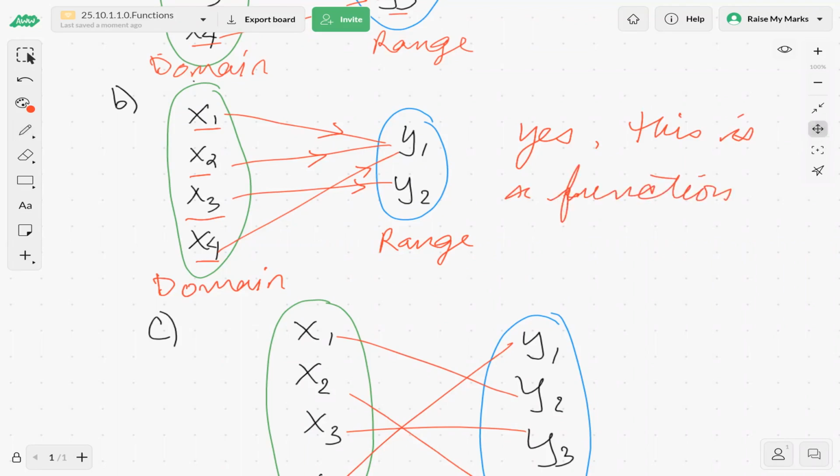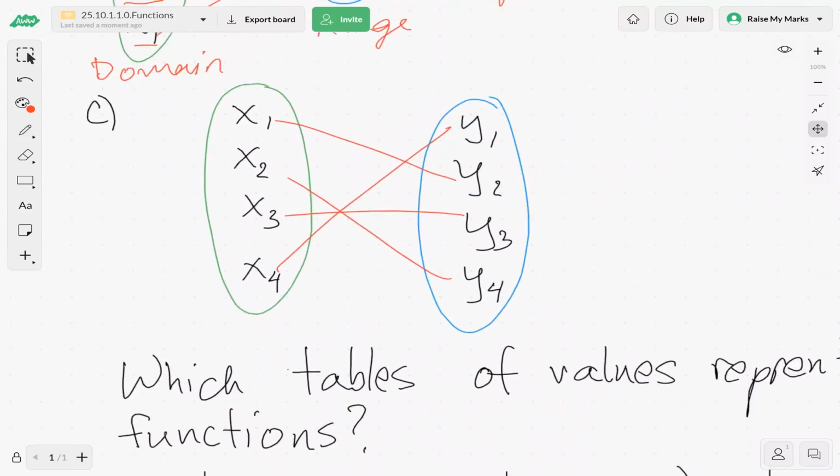All right, let's look at the next example. Again, we have our domain and our range. Let's take a look at what's happening here. x1 maps to a single value, y2, x2 maps to a single value, y4, x3 maps to a single value, y3, x4 maps to a single value, y1.